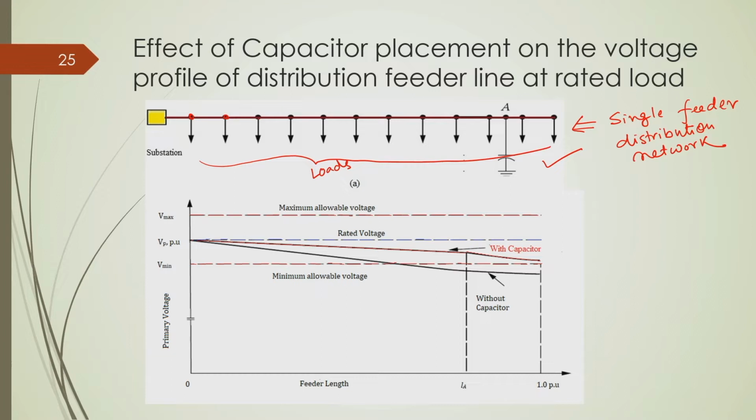Now, without any capacitor, how would the voltage profile of that particular radial feeder be?